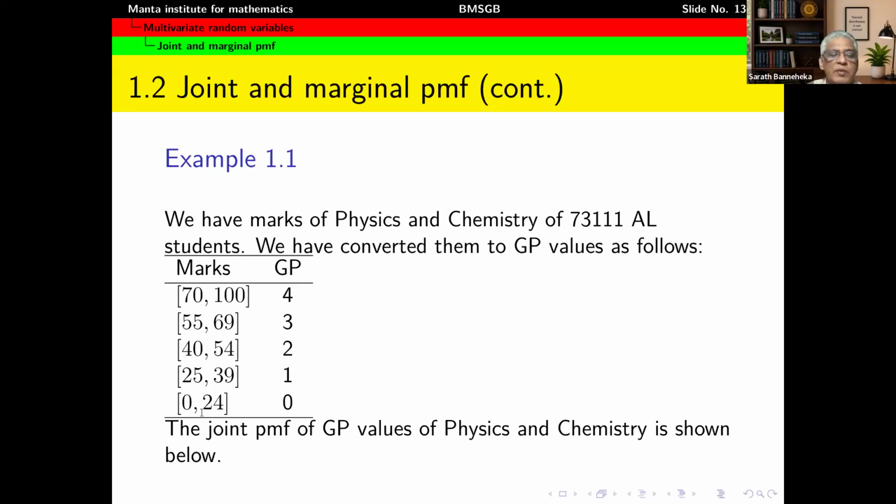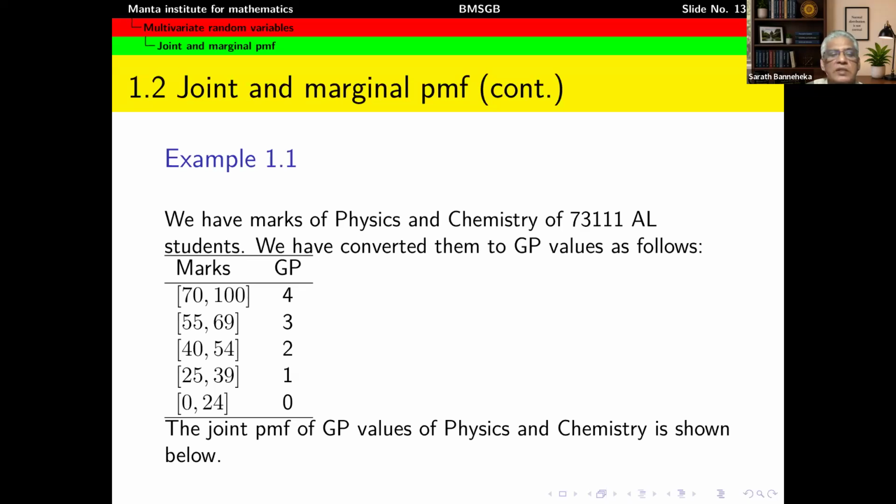If somebody has marks for some subject between 0 and 24 inclusive, I take the grade point as 0. And if the marks are between 25 and 39 inclusive, the grade point will be 1, like that. According to this table, I convert those marks into GP values. So for each person, there is a GP value for physics and a GP value for chemistry.